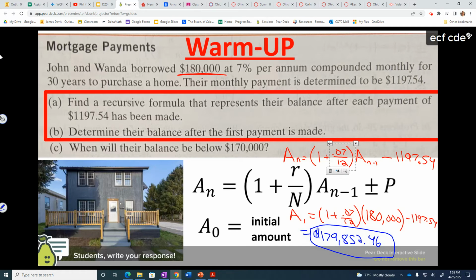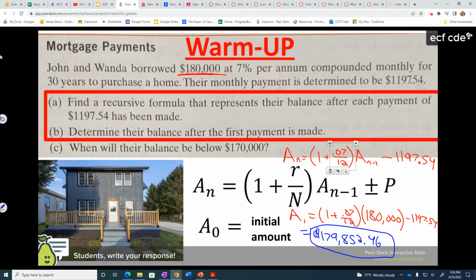The question that we're asked to find is when will their balance be below 170,000? So we can just plug in random numbers. Let's try 20, after 20 payments. Nope, let's try 40. So you're just basically guessing and checking until you find where it drops. 50. Not yet. 55. Not yet.